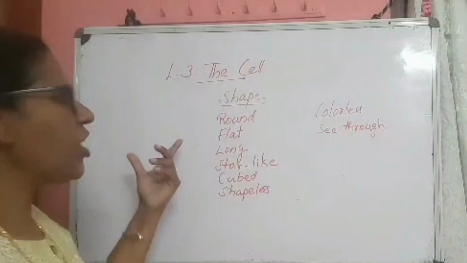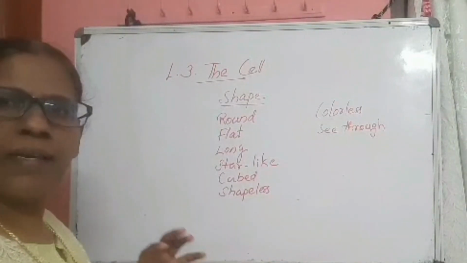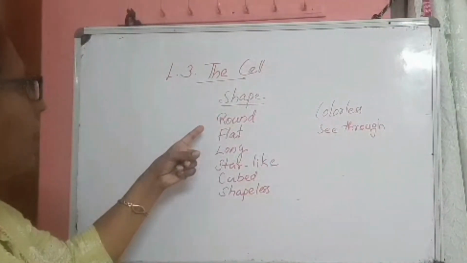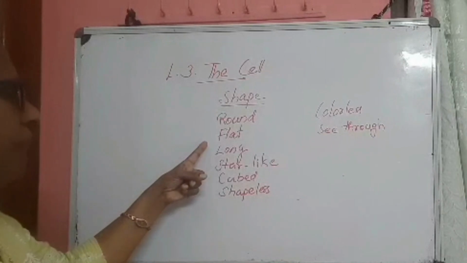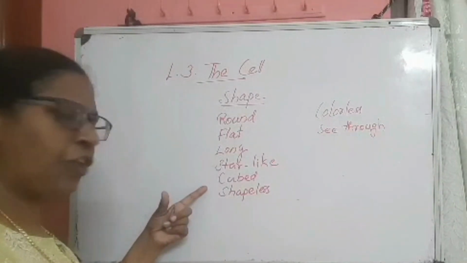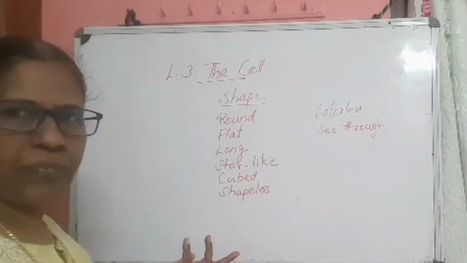Now what is the shape of a cell? All the cells are not the same shape. Some cells are round, some are flat, long, star-like, some are cube-shaped, and some are even shapeless.